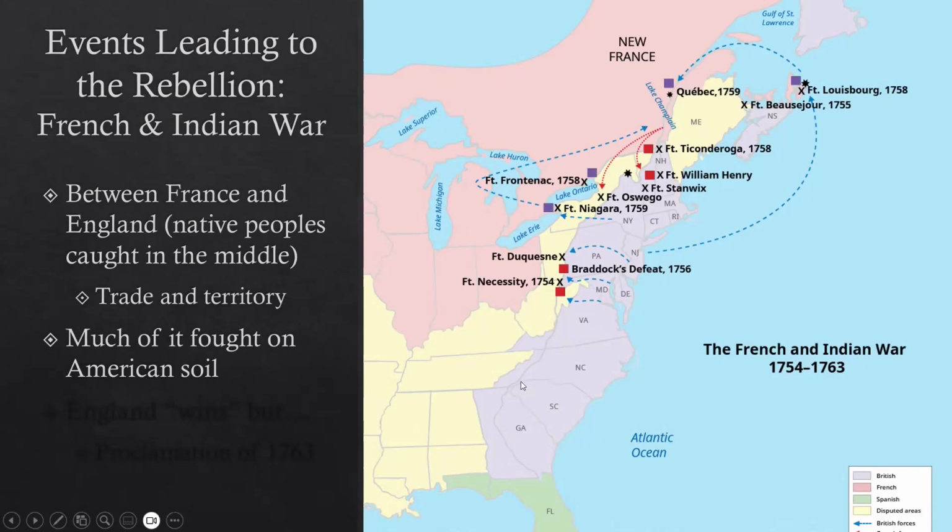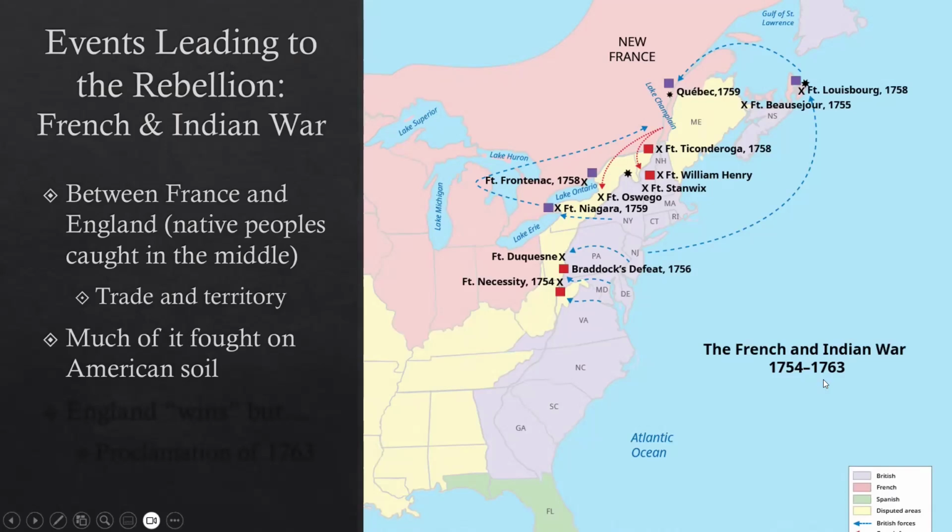So the colonists were the boots on the ground. The British regulars were shipped over to fight, but many of the soldiers fighting the French and Indian War were American colonists. They were the militiamen from the various colonies who were fighting on behalf of Great Britain, fighting against the French over trade and territory in this disputed area.